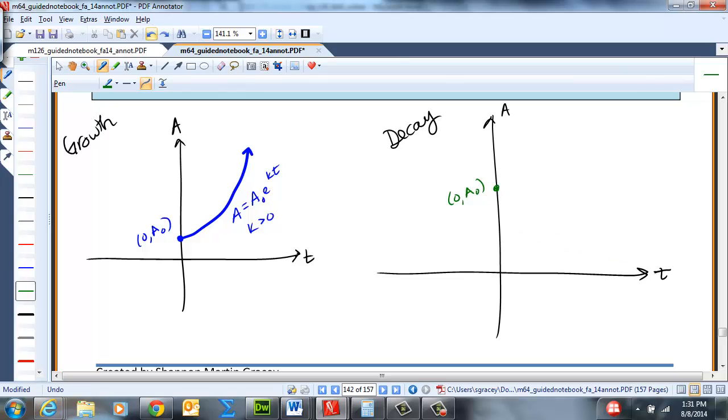Actually, that's a little shaky. Okay. So then your equation here is still going to be A equals A0 e to the kt. But in this case, k is going to be less than 0. All right?